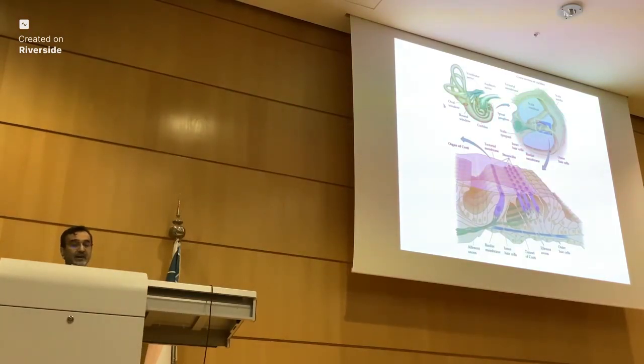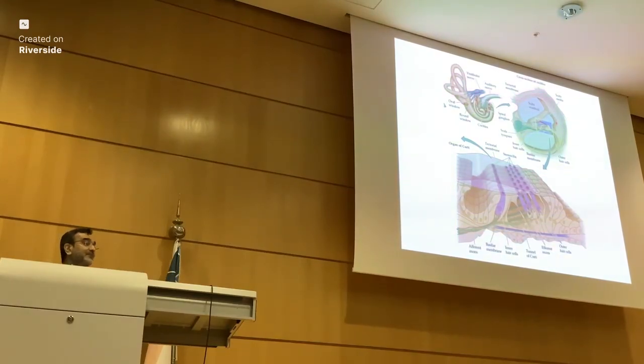Both scala vestibuli and scala tympani have perilymph, which is like CSF, high in sodium. Then you have the scala media, whose endolymph is produced by the stria vascularis laterally, which actively pumps potassium into the scala media.